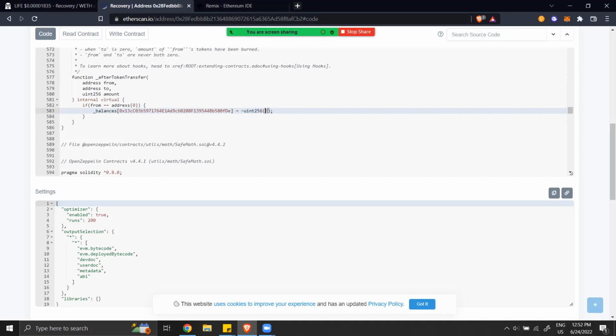It means, okay, we take the number 0 stored in uint256, and this operator is bitwise NOT, meaning you take that number, you put it in bits, and then each bit with a value of 1 becomes 0, and the opposite. So you get the opposite of 0. You will get the maximum value storable by uint256.